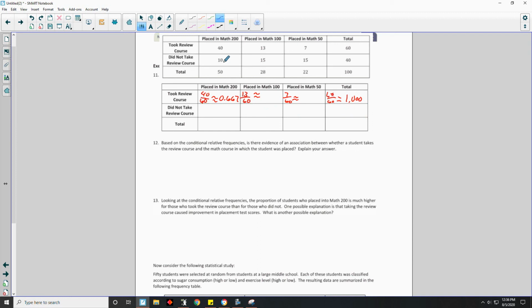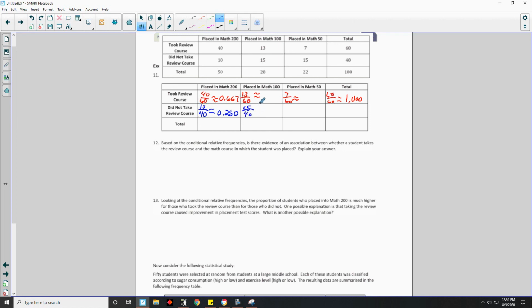Now let's do the next. This is 10. That's my numerator. Okay, placed in the Math 200 out of the total number who did not take the course, which is 40. 10/40ths is 1/4, or 0.250, going out to 3 decimal places. And that's an equals because there's no rounding. Okay, now 15 out of 40.